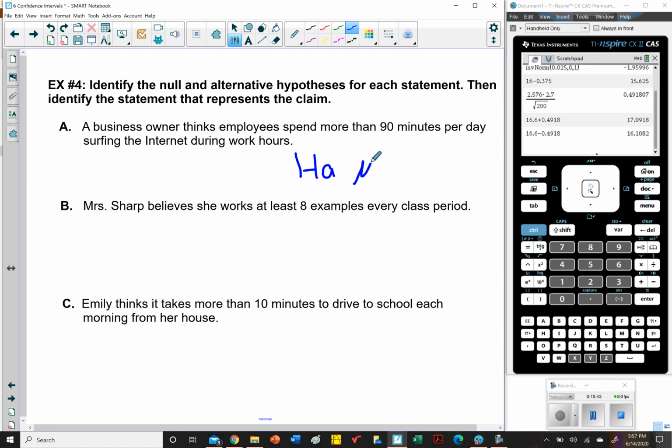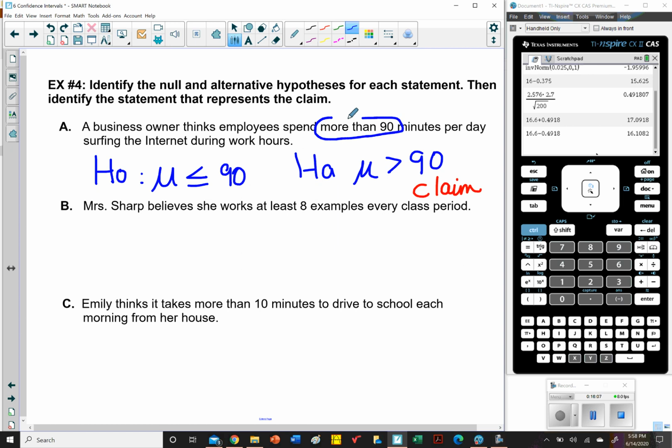They're saying that the mean is more than 90 minutes. This is the claim. So the null hypothesis would be the equality, and that would be when mu is less than or equal to 90. So I got the claim from the words more than 90.